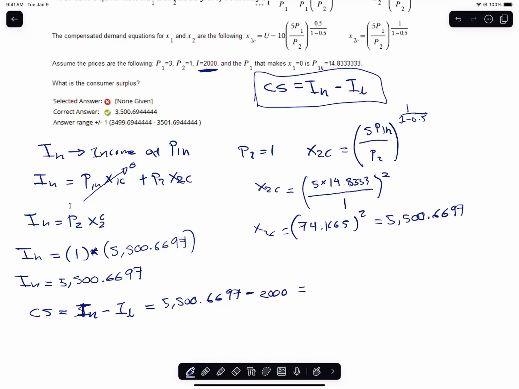And obviously you're going to get 3,500.67. I'm just going to round it up to this one, 67. Okay, close enough. We're off by 2 hundredths, which is fine. You guys can see it right here.